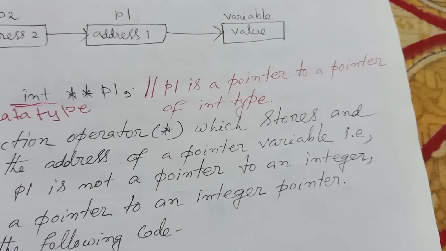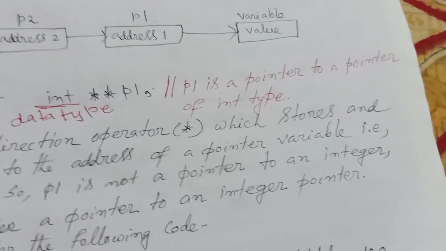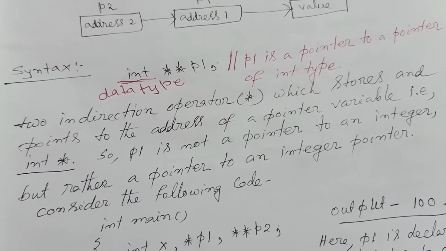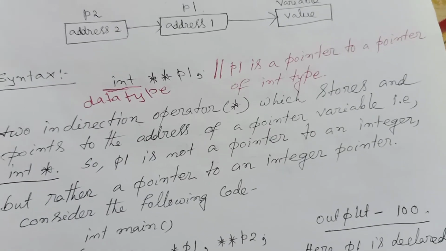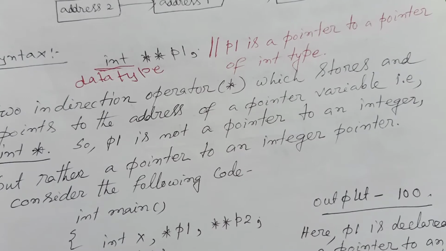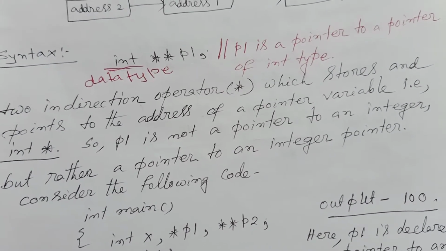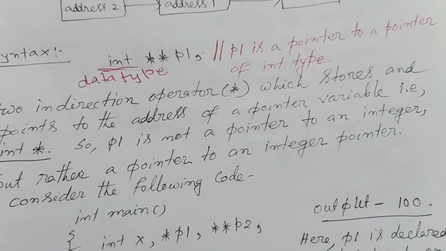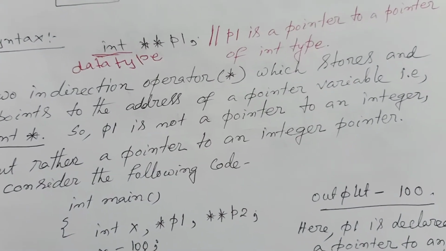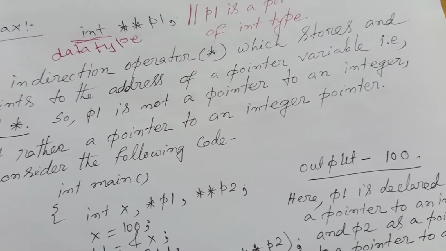So P1 is a pointer to a pointer of integer type. The two indirection operators store and point to the address of a pointer variable, that is int **. So P1 is not a pointer to an integer but rather a pointer to an integer pointer.